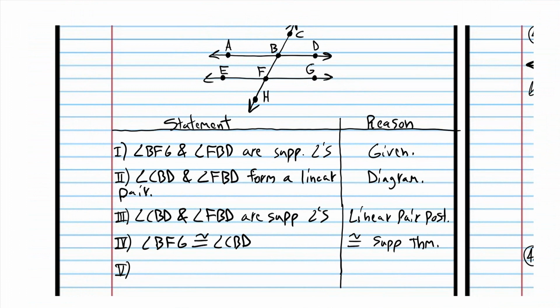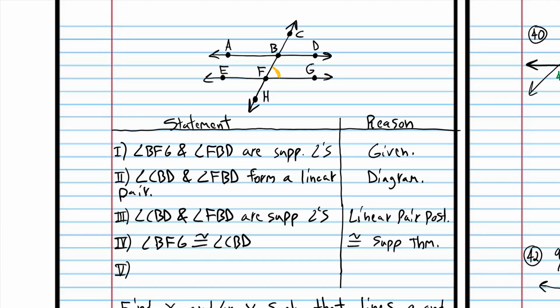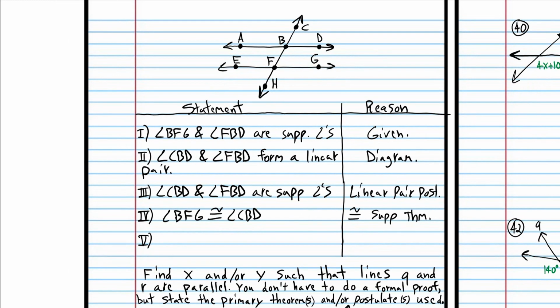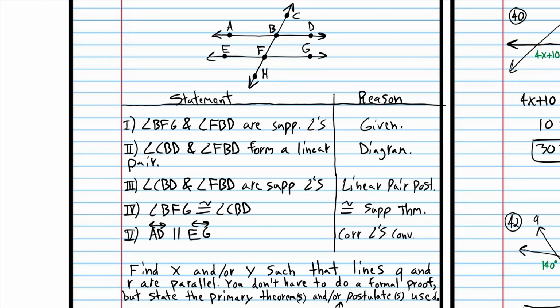BFG we showed is congruent to CBD. But if they're congruent, by the corresponding angles converse postulate, lines AD and EG must be parallel. So AD is parallel to EG. Corresponding angles converse postulate. So if you got that answer, good job.